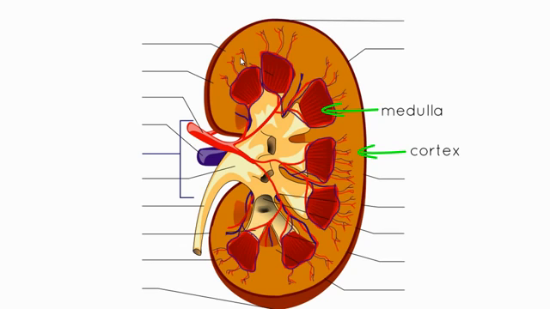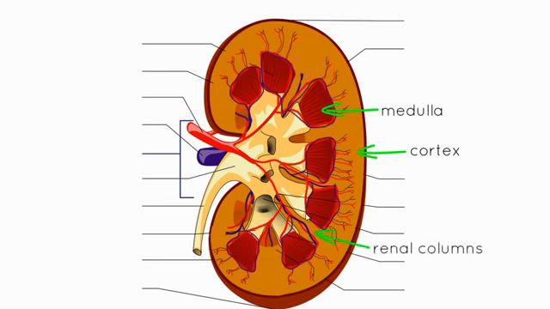So if you remember the cerebral cortex in the brain, it's the thin outer layer of grey matter, and you've got the adrenal cortex. So cortex is this outer part, and you can see that the cortex on this model is in this orangey browny colour on the outside, and you can see it projects in towards the centre of the kidney. So you can see these little projections here between the medulla.